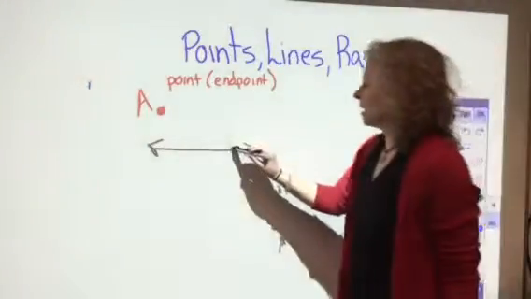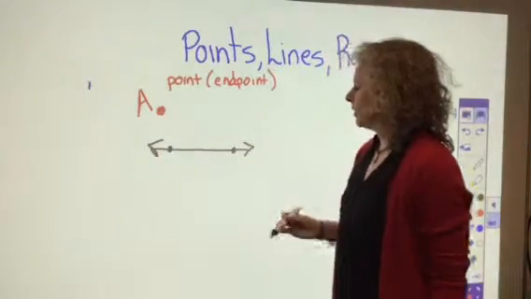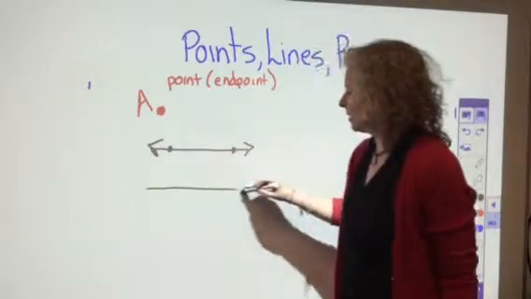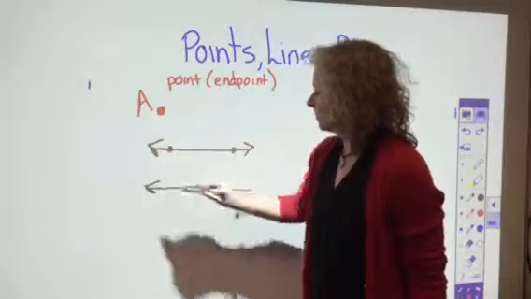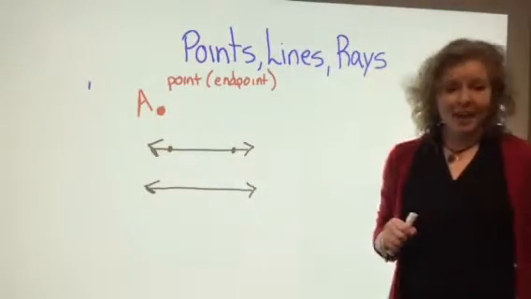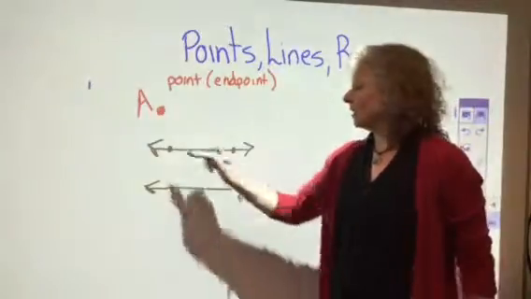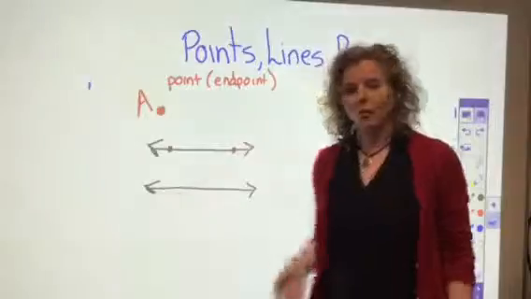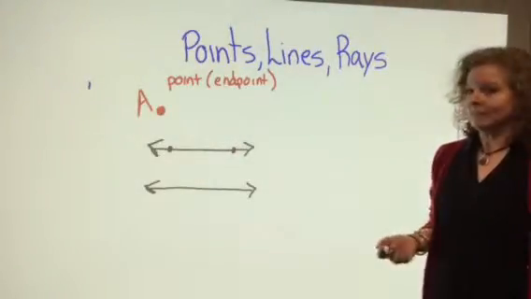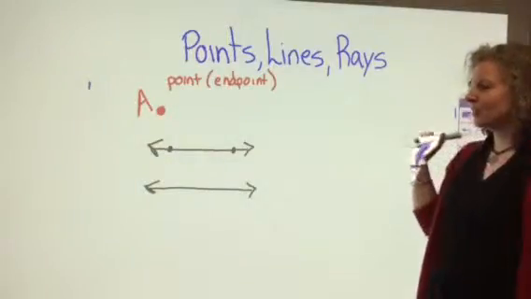Now, lots of times you'll see them with little points on them. If there are arrows at the end of it, it is a line. It means I go on forever that way. Why don't they do that right here? We don't have forever on the smart part. It goes on forever in each direction.